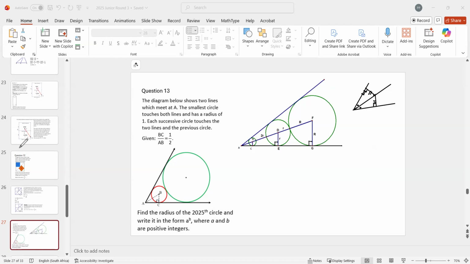This kind of thing occurs very often, and everybody should know this. All Olympiad students should know that whenever you have a circle and you've got a straight line which is tangent to it, so it touches the circle at a certain point, if you join this point to the center of the circle, it will be 90 degrees.